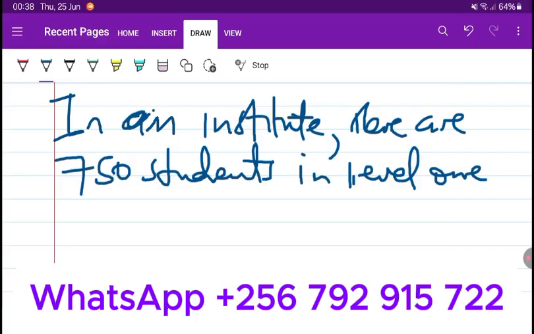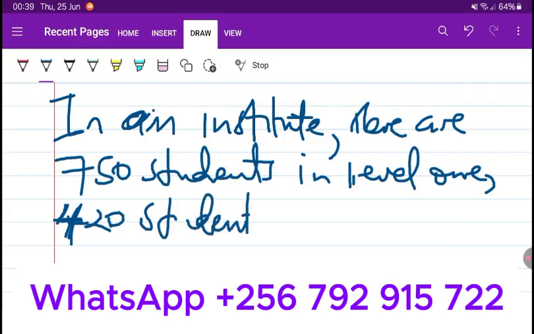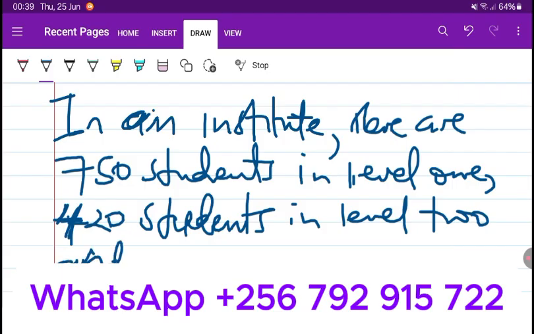These are CPA students. Then 420 students in level 2, and 630 students in level 3.